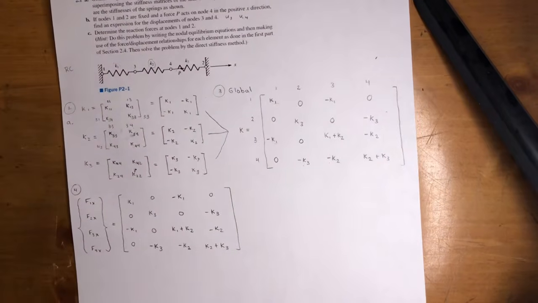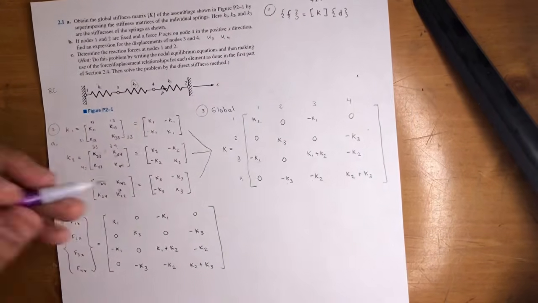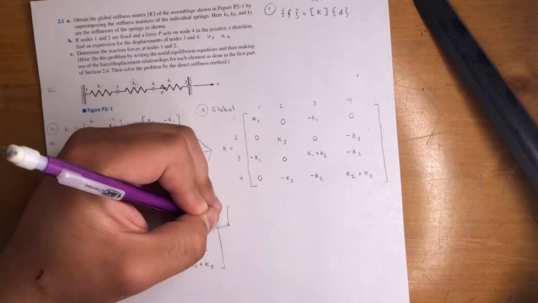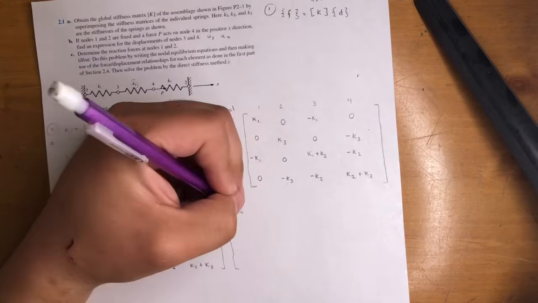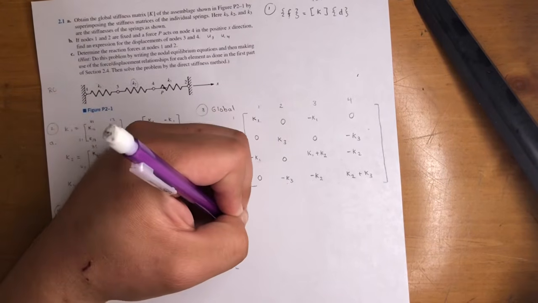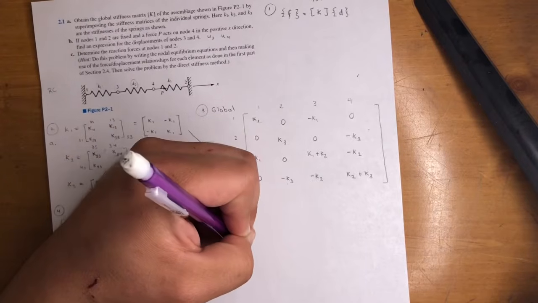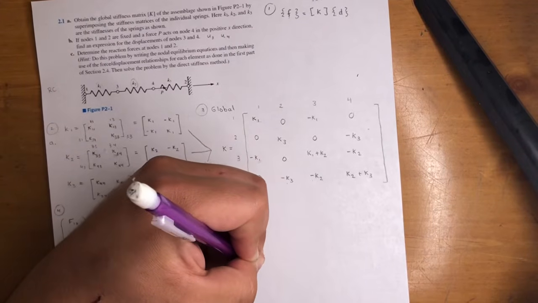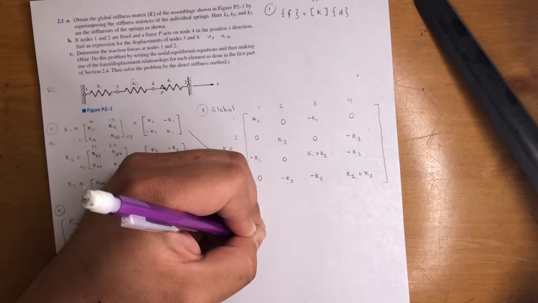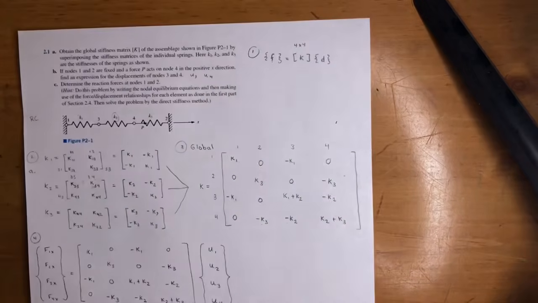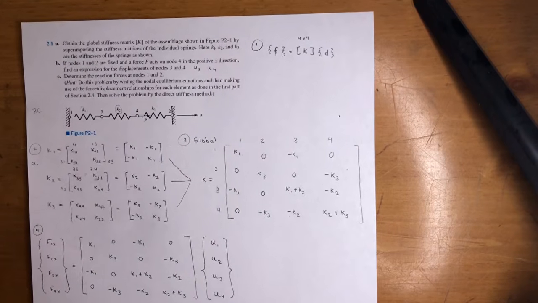All right, so I just rewrote this, right? And then the vector, so it's U1, U2, U3, U4. And it's pretty much physics. Remember, force is equal to Kx. That's all it is, but just on crack, pretty much.